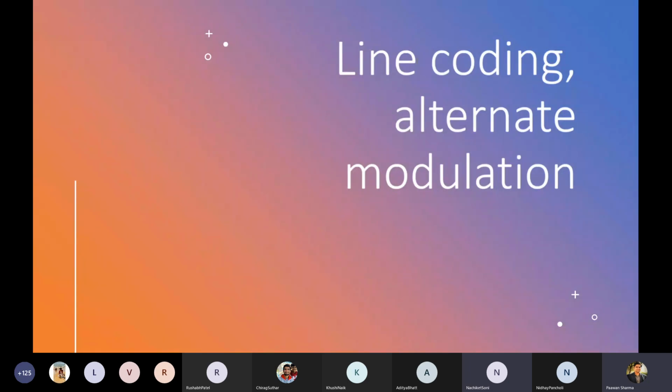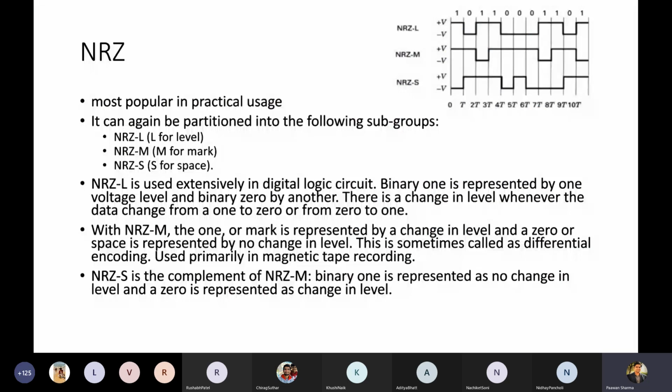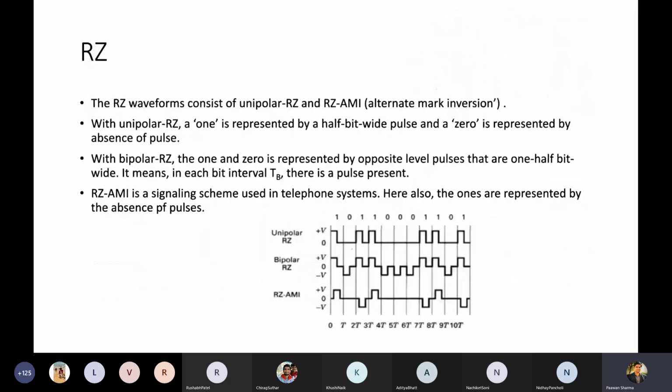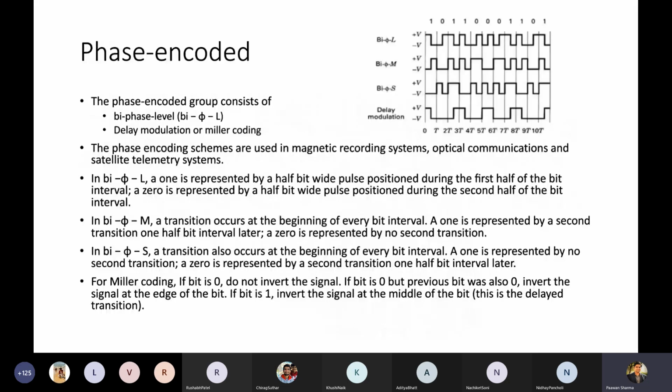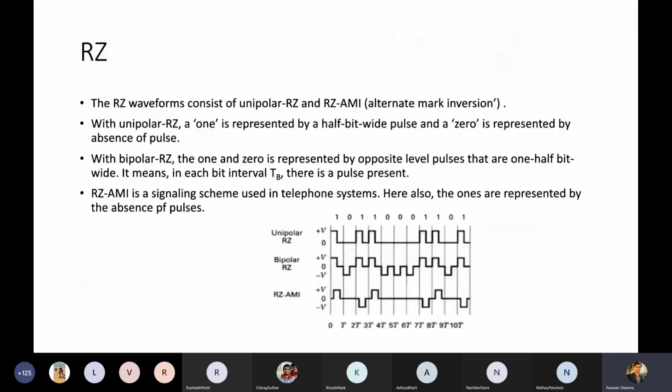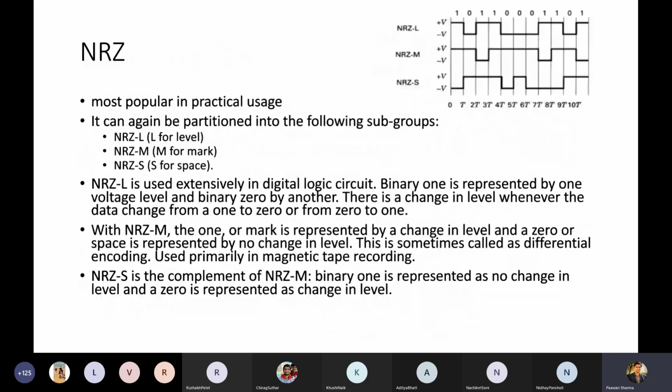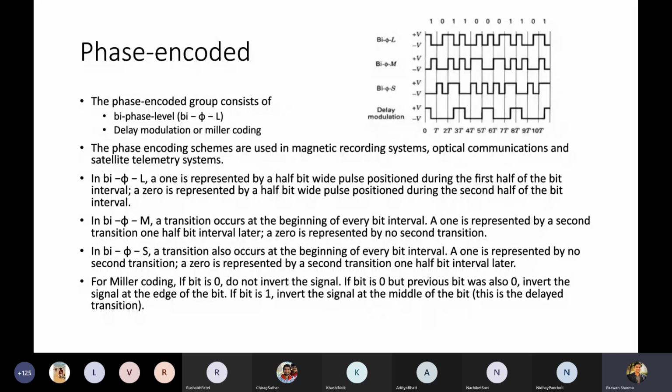Okay. So, line coding and alternate modulation. We have seen line coding, I'm not going to repeat it again. I have prepared this different material. You will find a few additional phase encodings, which you can quickly go through, and you can easily understand the phase encoding for the line signaling format, like biphase Level, Mark, and Space.